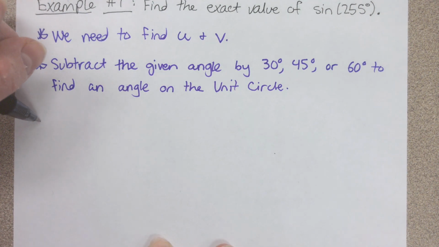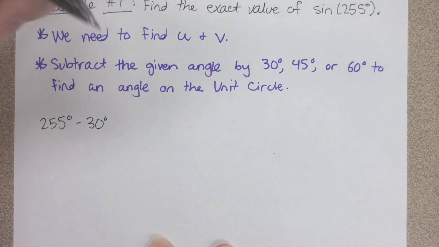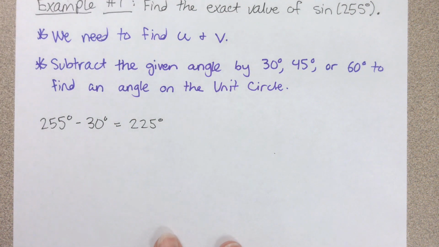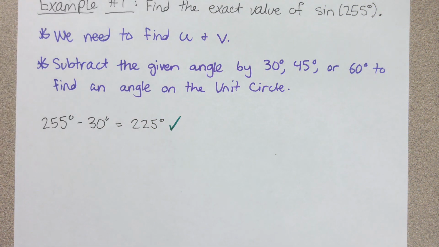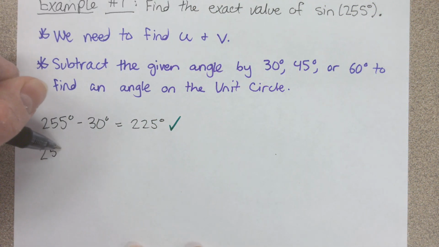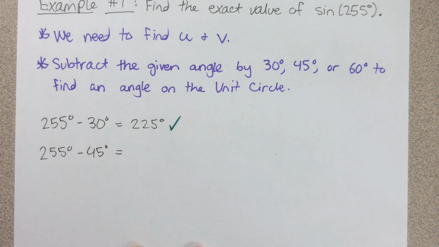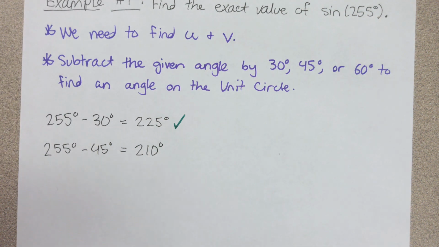Our given angle is 255 degrees. 255 degrees minus 30 degrees, that's 225 degrees. 225 is on the unit circle, so this would be something we can use. I'll go through all three scenarios here. 255 minus 45 will give us 210. 210 is also on the unit circle, so that's an option to use.